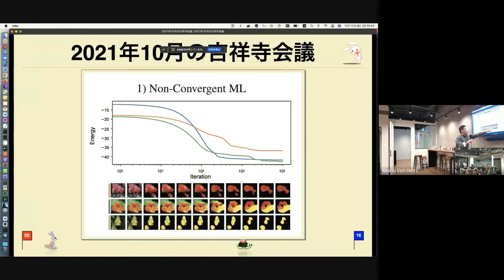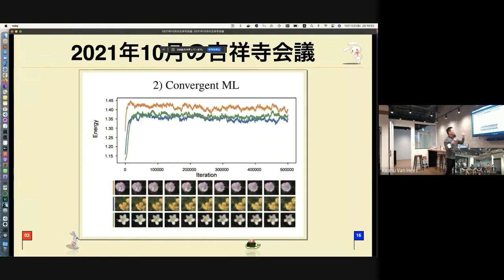The distribution just became something like this. It doesn't converge. The energy becomes too low, which means the probability is too high. It's just overlearned. Another case is a convergent ML, which is the good case. The iteration means after I learn so many times, it basically converges to a stable state. So the paper discovered that there are 2 cases using this method.